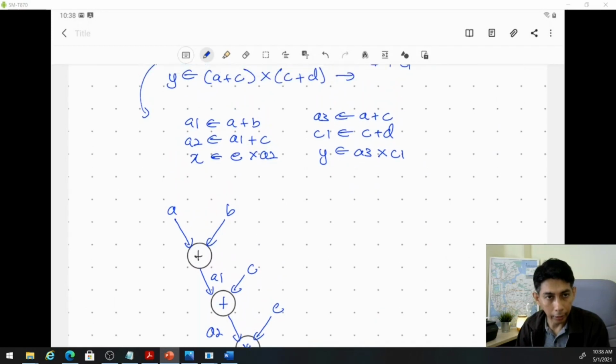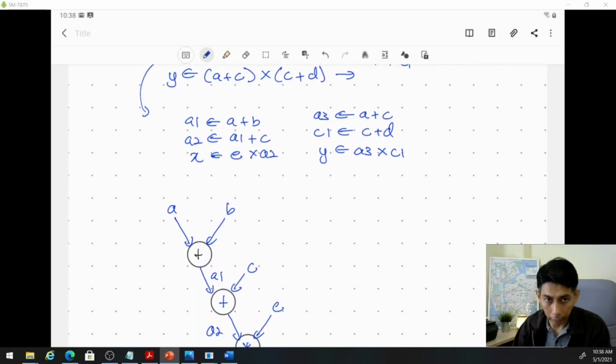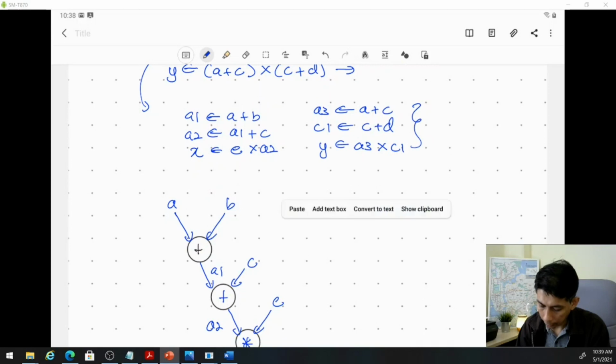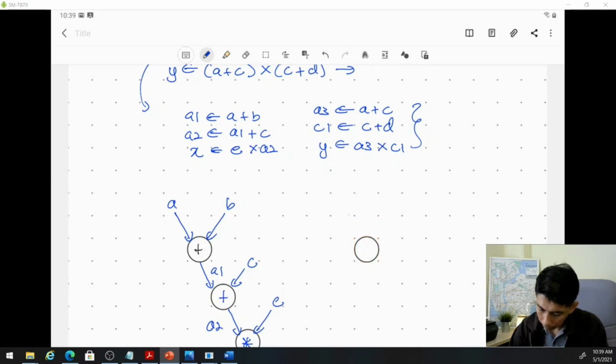Now you can create the DFG for y based on this. You have a plus c, which is a3. So you can have another one here, and here is a, this is c, so plus, you have a3.